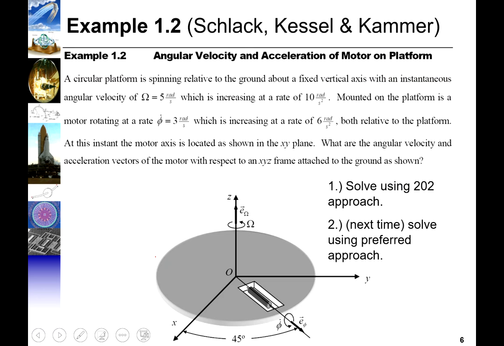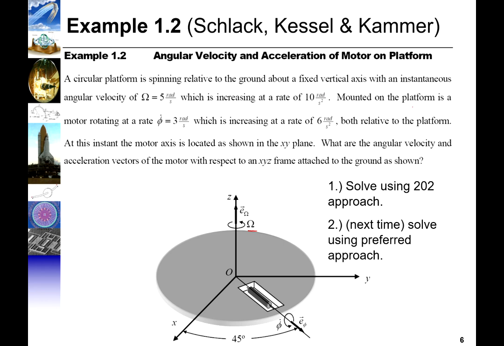Let's do an example to make this a little more concrete. In this example, we have a platform that's spinning with a rate capital omega about the z-axis, and this rate is also increasing. We won't worry about that part for now.